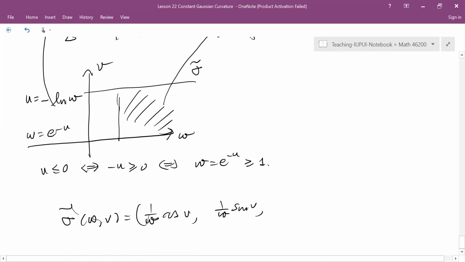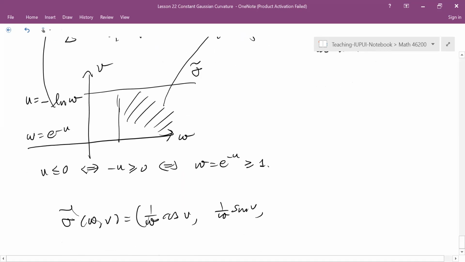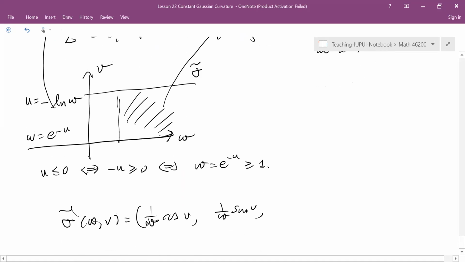And what else? G of u will be changed to g of w. So that will be 1 minus 1 over w squared minus hyperbolic cosine w.